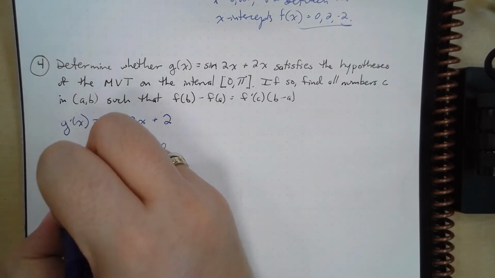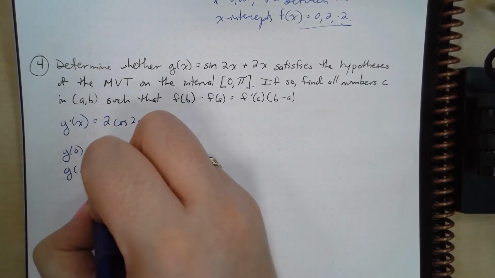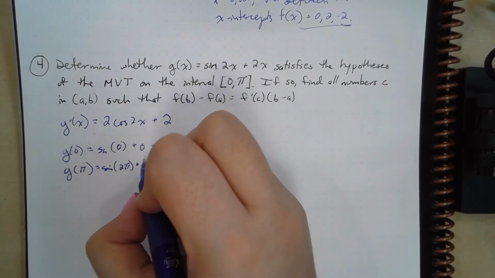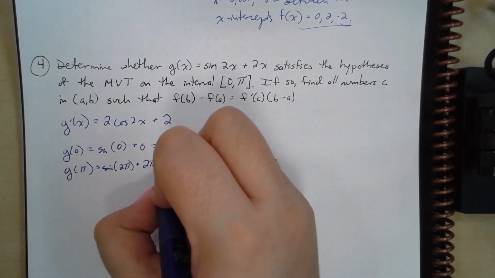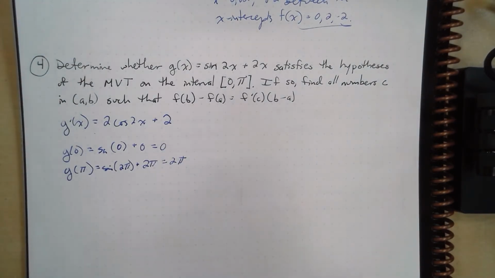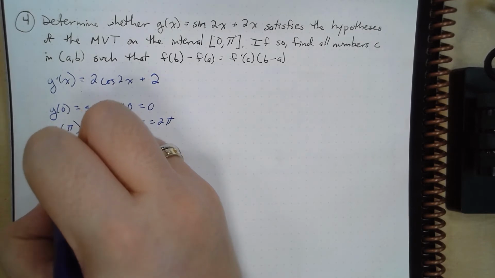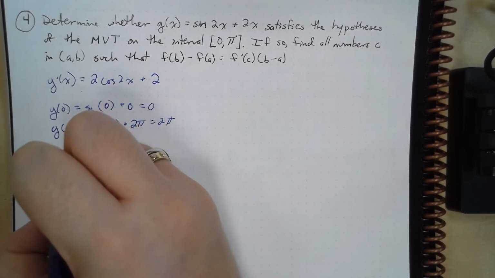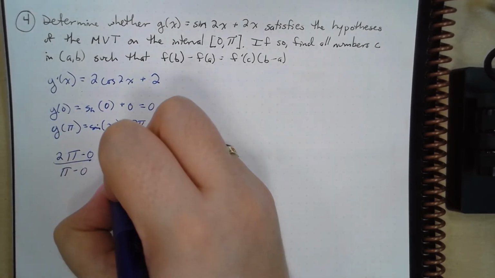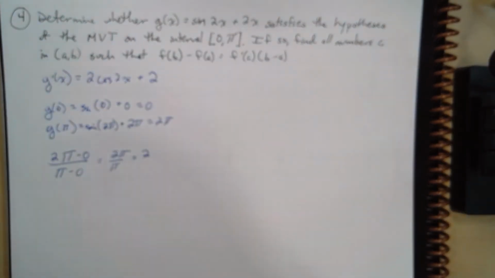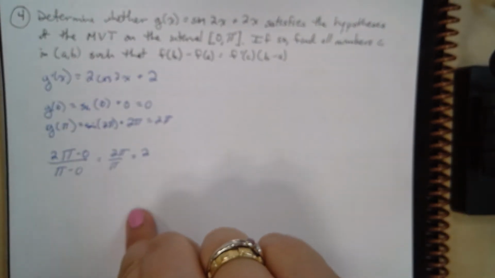Okay, and then we have to find g of pi, which is the sine of 2 pi plus 2 pi, which equals 2 pi. Okay, so now we're going to find this average rate of change here. So we will have 2 pi minus 0 over pi minus 0 is equal to 2 pi over pi, which just equals 2.